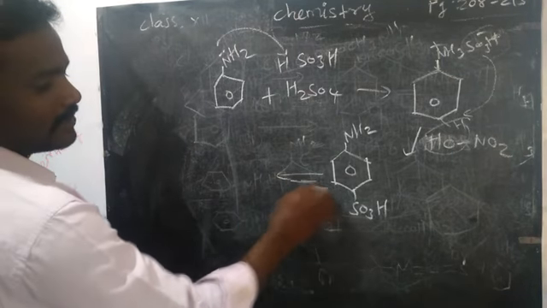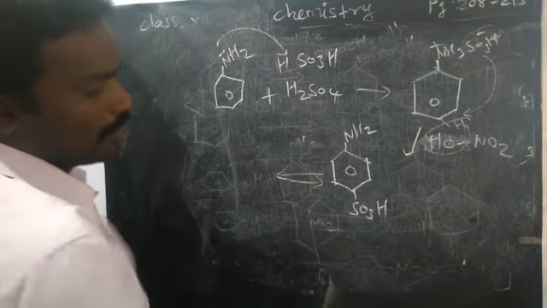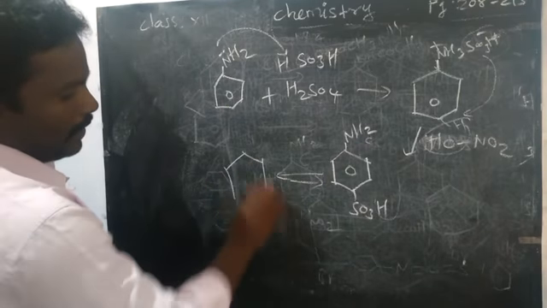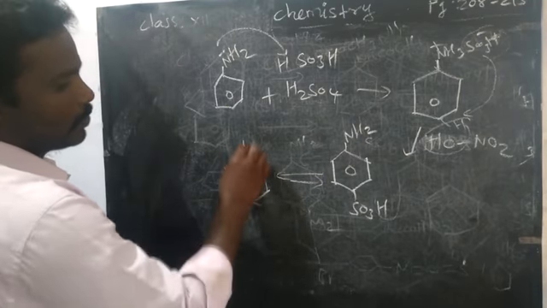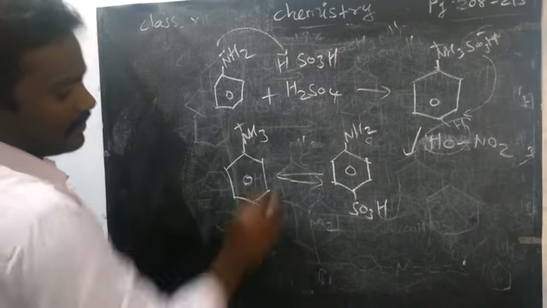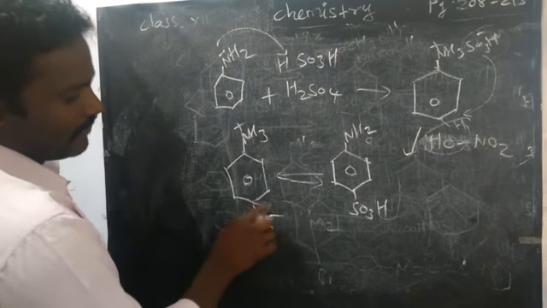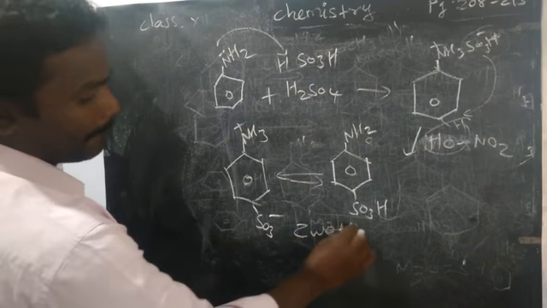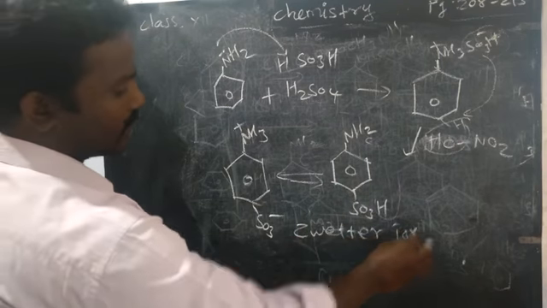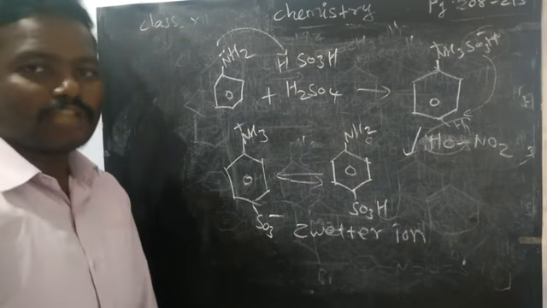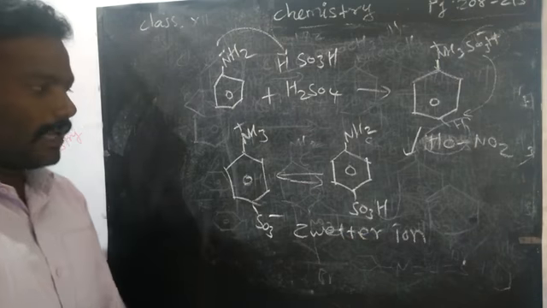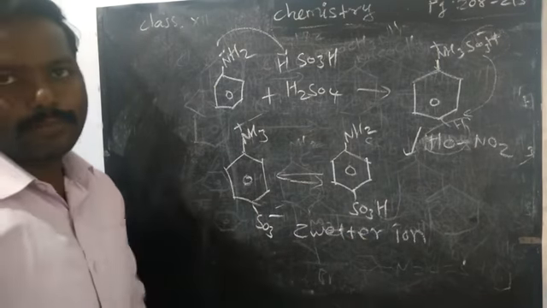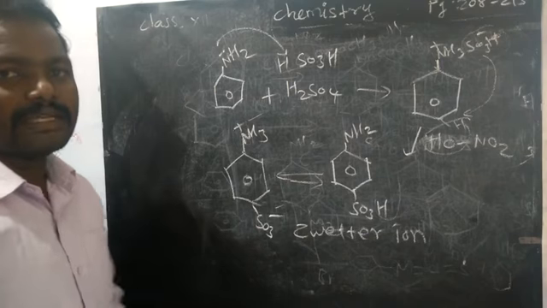It will undergo some equilibrium reaction. How? The hydrogen may shift towards the nitrogen with the lone pair of electrons in the amine. So NH3 plus then SO3 minus, which has the special name zwitter ion. Zwitter ion means it has both a positive charge as well as a negative charge, both cation and anion present in a single compound.